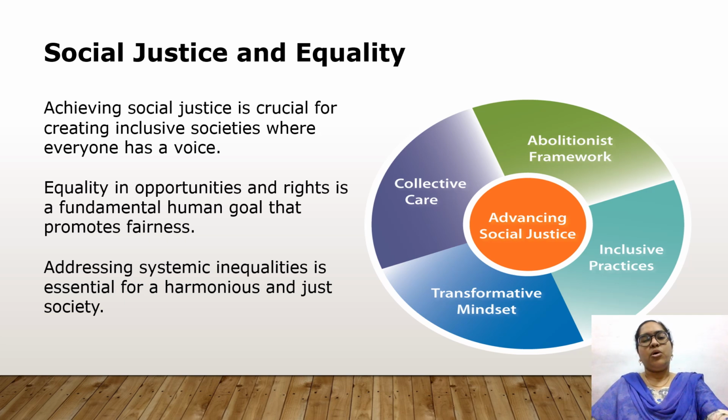We all know, and have been learning from childhood, that equality in opportunities is the fundamental goal. It promotes fairness. Addressing systematic inequalities is essential for a harmonious and just society. Here I have given a pie chart that represents the advantages of social justice.